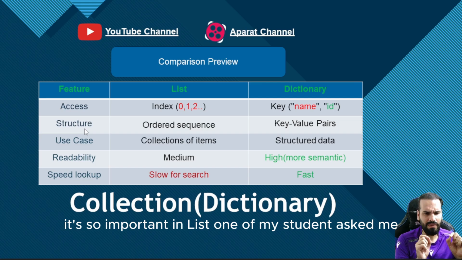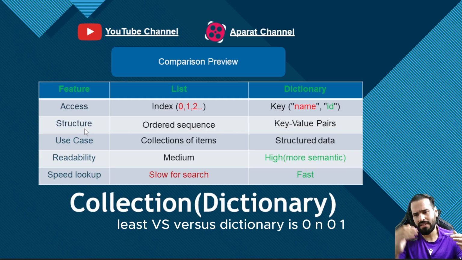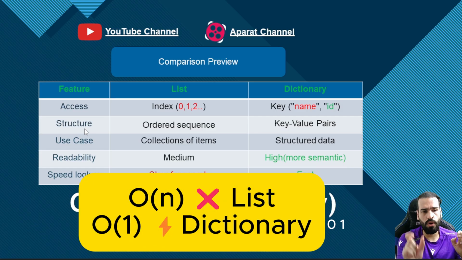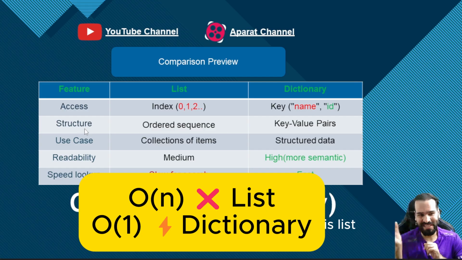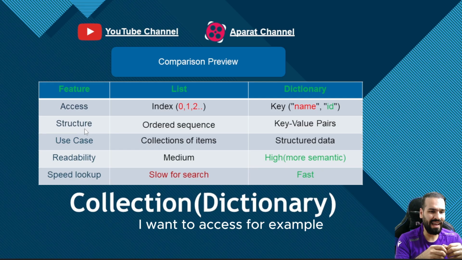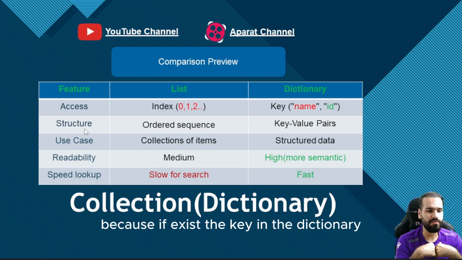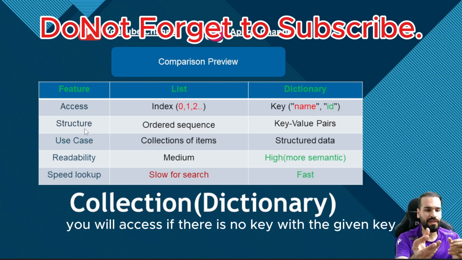One of my students asked me, I saw a picture that says list versus dictionary is O(n) and O(1). I say, O(1) is dictionary and O(n) is list. The speed of lookup in a list is so slow, but in a dictionary it's fast because first you say I want to access, for example, in the dictionary users a key, and when you press enter, you access the value, because if the key exists in the dictionary, you will access it.